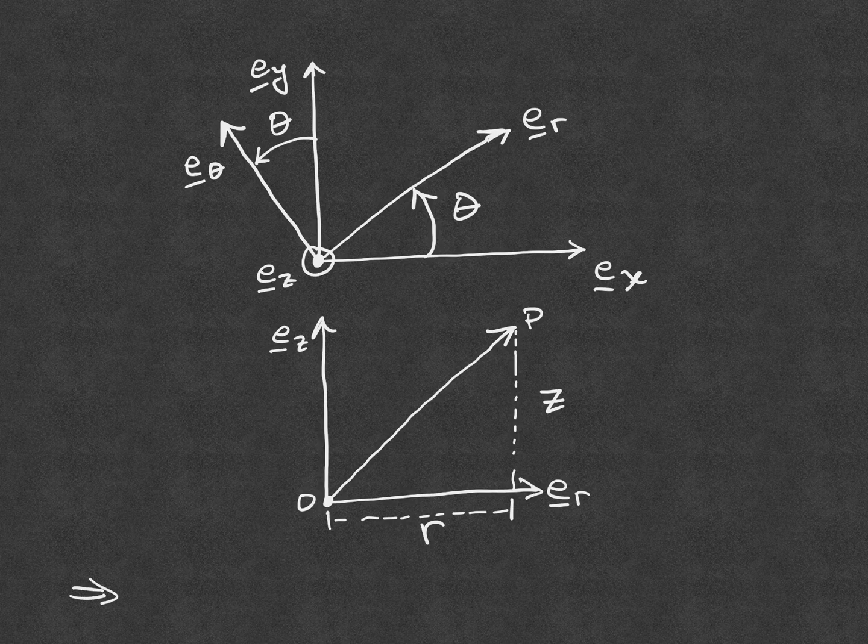So that implies that the position of P relative to O can be described as R ER plus Z EZ. But if I look at this basis, ER, E theta, EZ, I can see that ER, E theta, EZ is not fixed.